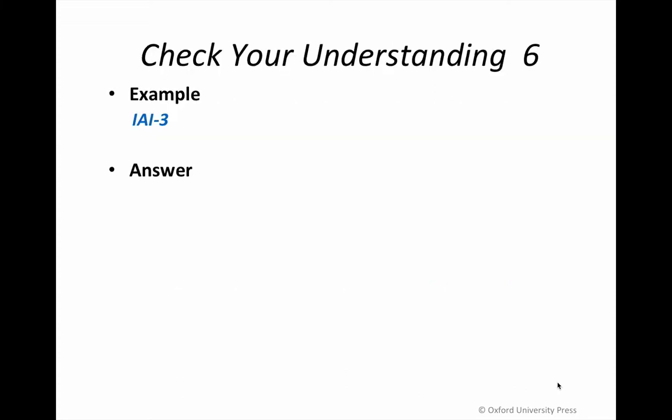All right, let's go ahead and practice. First, let's look at the mood and figure and determine what the argument structure is. IAI figure 3 tells us that we have a particular affirmative major premise, a universal affirmative minor premise, and a particular affirmative conclusion.